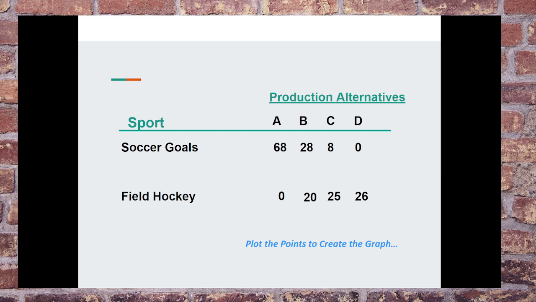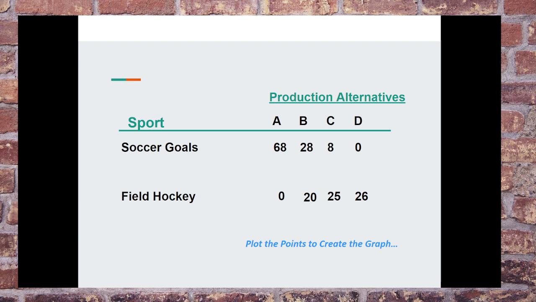Then we move Viv from soccer to field hockey, and we give up 20 soccer goals that she was scoring, the opportunity cost, and field hockey only picks up 5 goals now. Because, again, Viv's skills aren't as interchangeable as Emma's. Now, what happened?